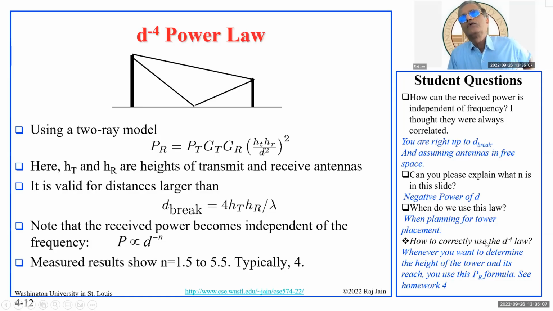How to correctly use the d to the minus 4 law. Whenever you want to determine the height of the tower and its reach, you use the PR formula. This is per power received. See homework 4, and we use it in homework 4. Basically, what happens is that you really don't use so much of a formula.